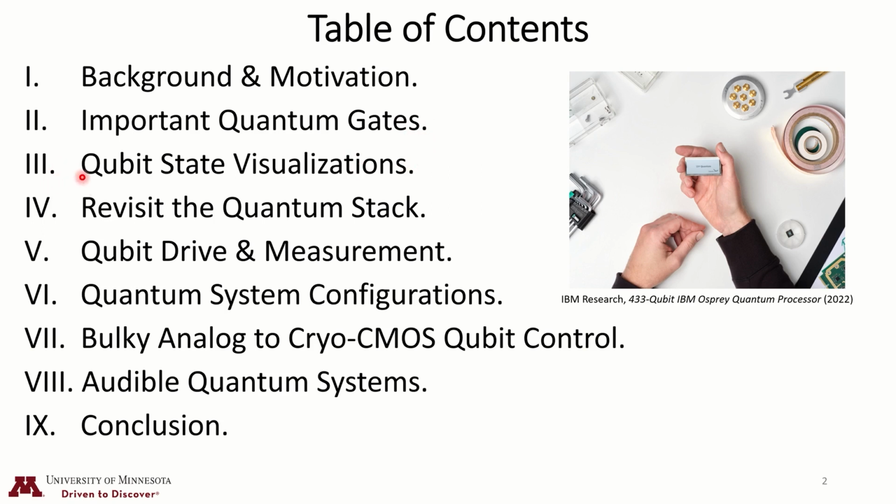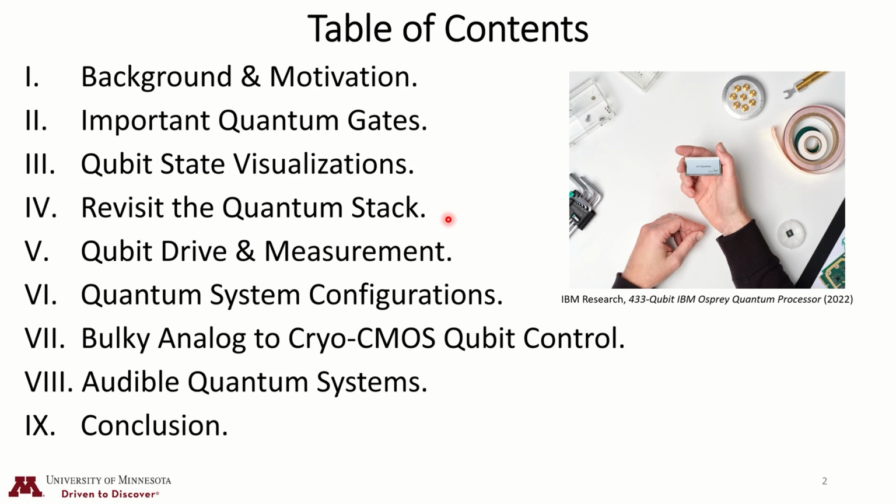And then we'll talk about some visualizations for those qubit states that come from quantum gates as well. And then we'll use that to segue into the quantum stack, which is more of a revisit for the third time, so that you get a really good understanding of what the quantum stack is all about.